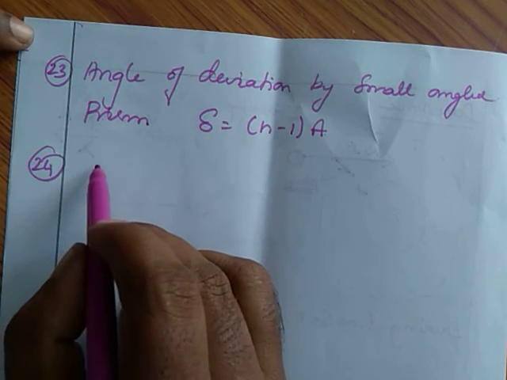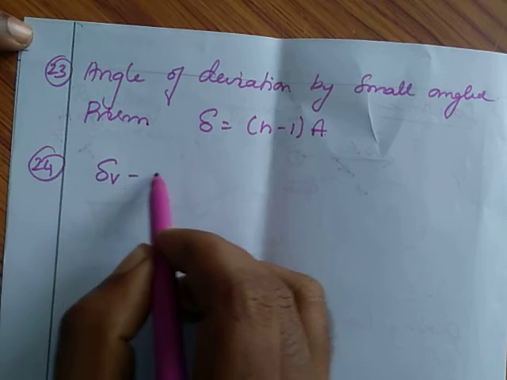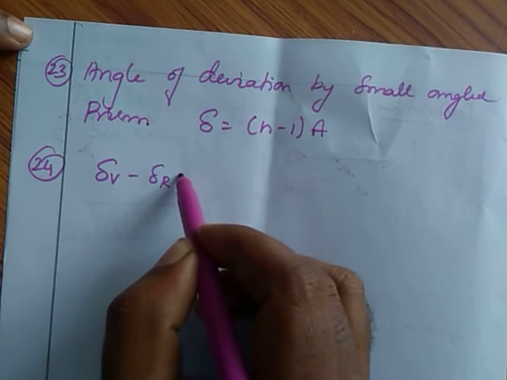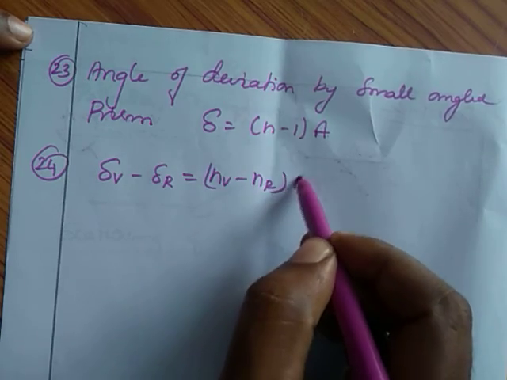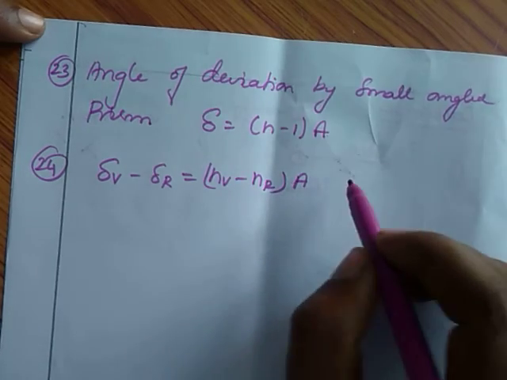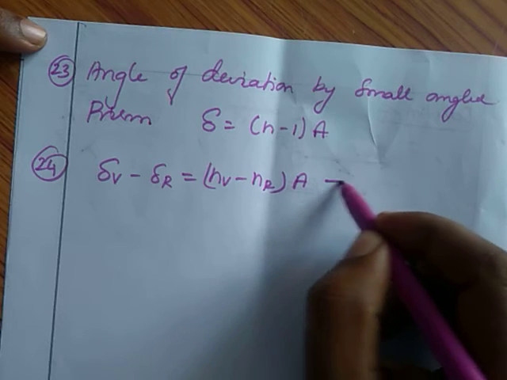That is indicated as delta V minus delta R is equal to (nV minus nR) into A. This is known as angular dispersion.